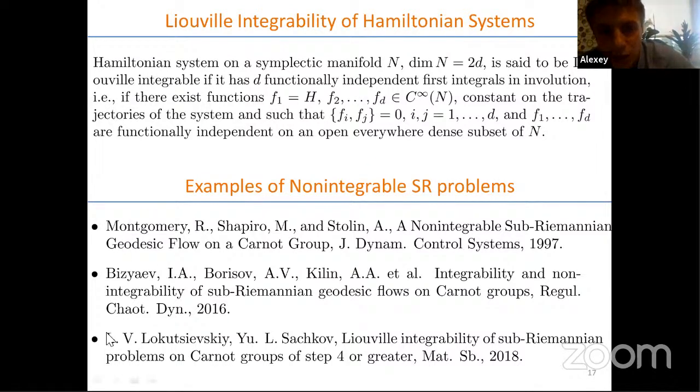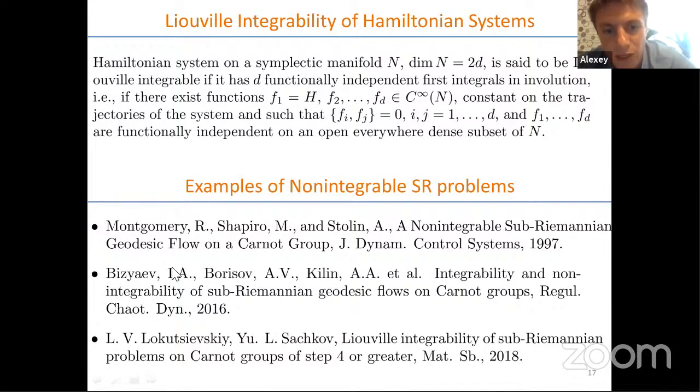I must say that it is not a common case that a sub-Riemannian structure is integrable. There are several examples. First was in 1997 by Montgomery and co-authors, who showed a six-dimensional Carnot group which has a non-integrable geodesic flow.